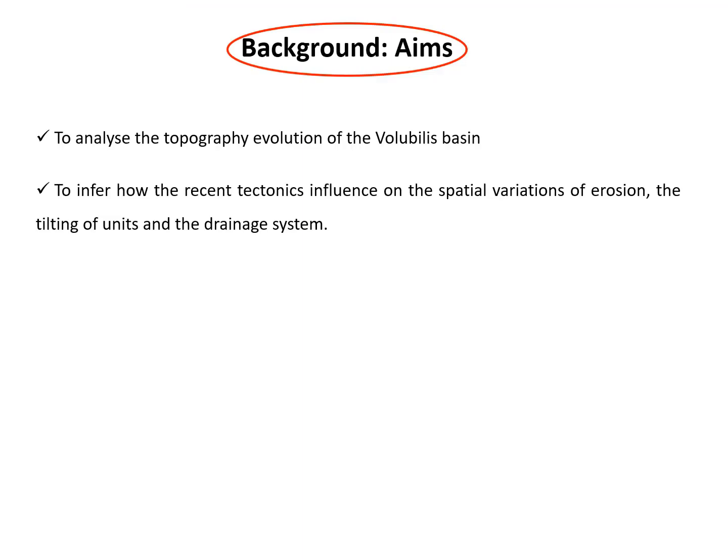In this work, we analyzed the topography evolution of the Volubilis basin to infer how the recent tectonics influence the spatial variation of erosion, the tilting of units, and the drainage system evolution.